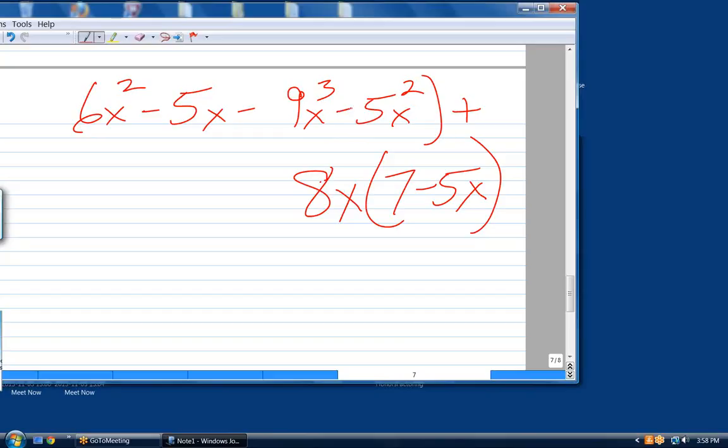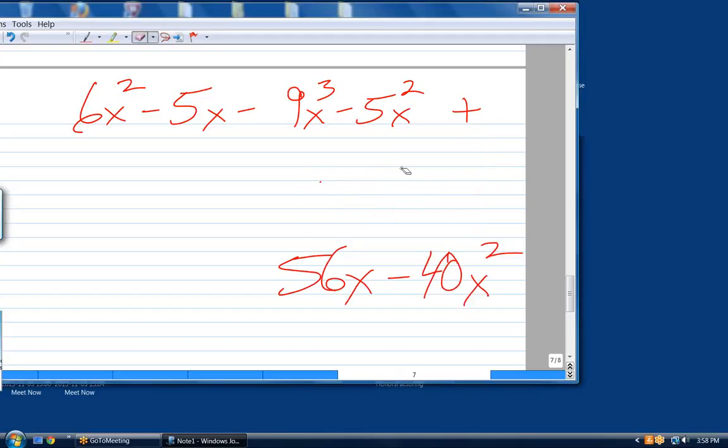A negative, right? Because positive, yeah, okay. Now let's distribute this. Positive 56x minus 40x squared. Okay, so now we have this.